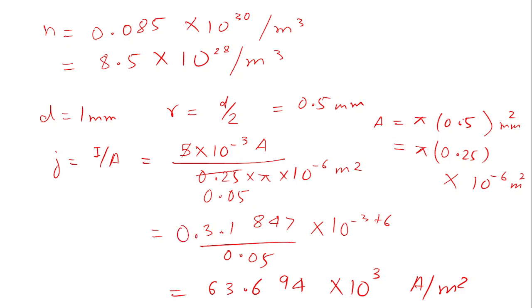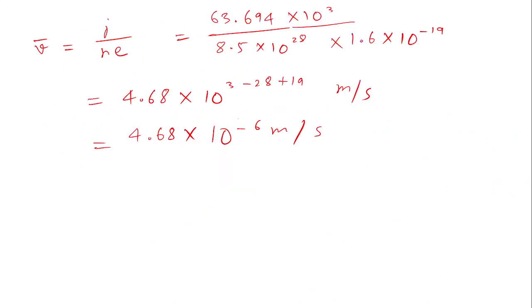It should be 0.31847 and then divided by 0.05, I will get 6.3694. Okay, this was the mistake I made. And then this will also be 6.3694. Okay, and when I do that calculation, I will get this correctly now.